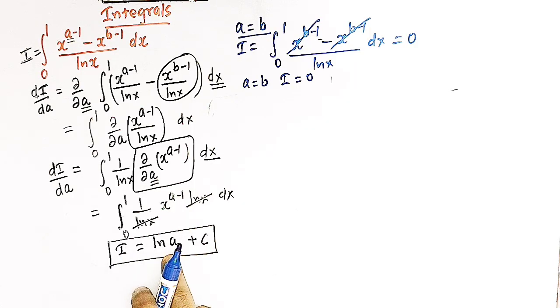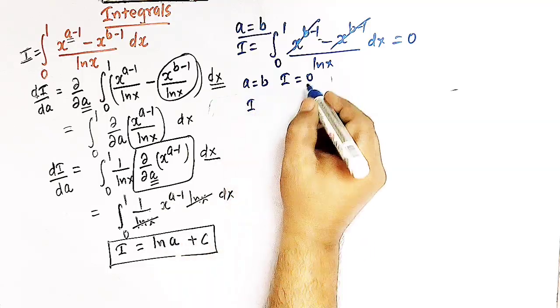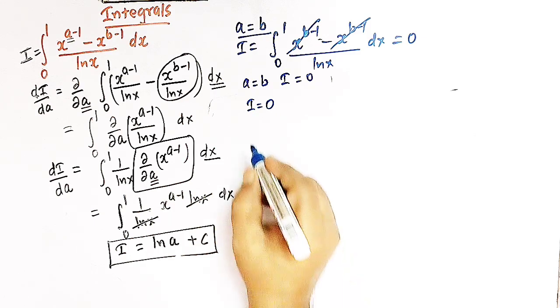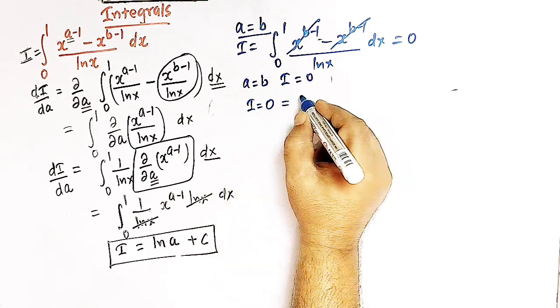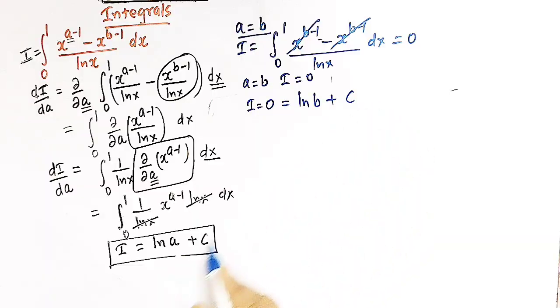So here taking a is equal to b, we have now I is equal to 0. So we have I is equal to 0, and that is equal to natural log of b plus c, taking a is equal to b.